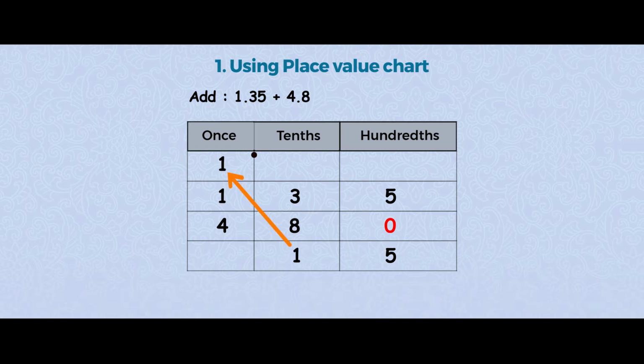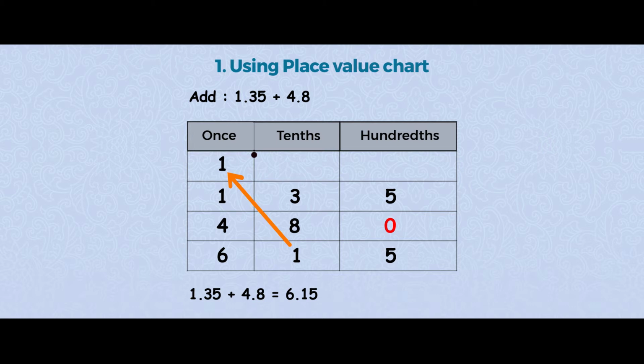Now add the numbers that are in the column of ones. 1 plus 4, you get 5. And then again you have 1 that you have brought from the tenth column. Now here you have to regroup it, and then it gives you 6. So 1.35 plus 4.8 will give you 6.15.